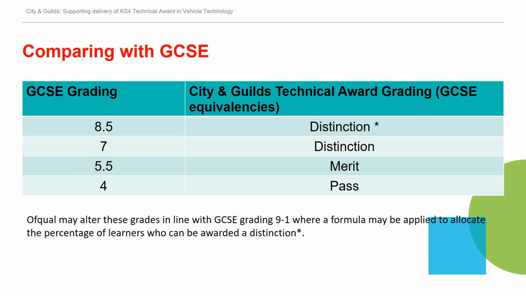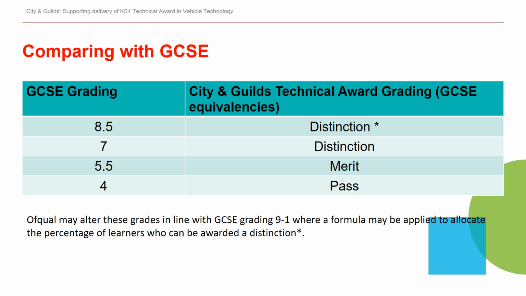This slide shows the points awarded against a GCSE qualification. You will see that the Technical Award only has 4 possible grades instead of a GCSE, which now has 9 possible grades. All Technical Awards are set at level 2, which is equivalent to GCSE pass grades of 4 to 9 only.